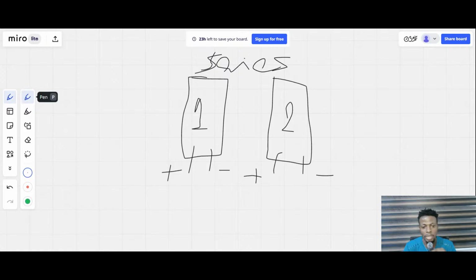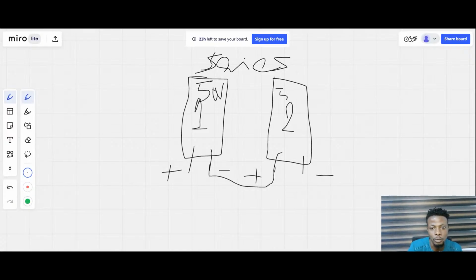All right. So now I'm going to take this negative terminal from panel 1 and connect it to the opposite terminal, which is what? Positive on panel 2. This way, I have connected these panels together in series. Okay, so now let's assume this panel is 50 volts.